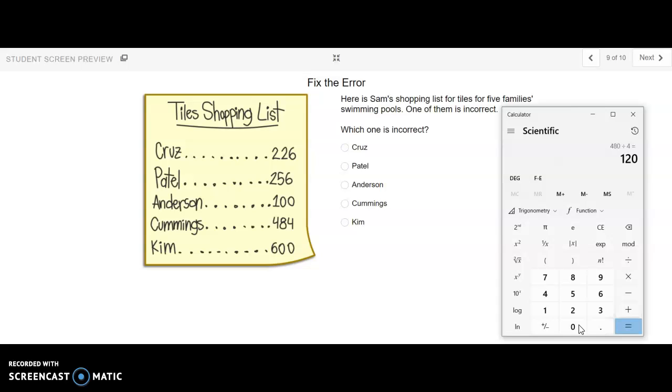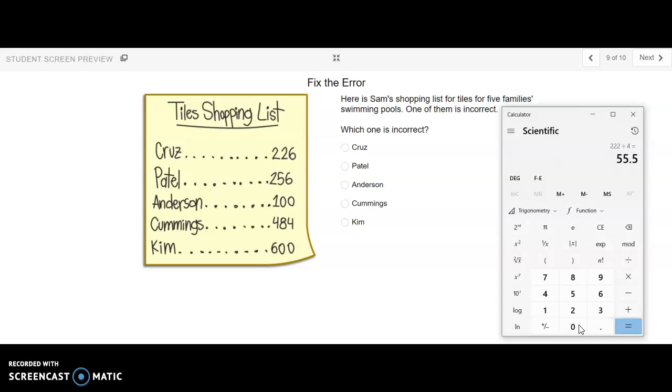So let's look at the Andersons. 100 minus 4 divided by 4 gives me a nice 24 by 24 pool. And then 256 minus our original 4, divided by 4. Again, I'm just working backwards. That would be 63. So one of these has to be wrong. Let's see whose it is. Do you think a 55.5 by 55.5 pool is going to be nice and even for somebody to lay tiles on?